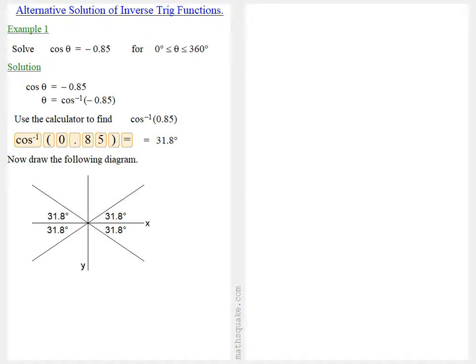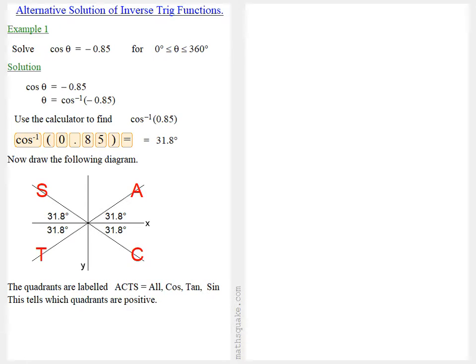Then we write the letters A, C, T and S going clockwise around from the first quadrant. The word ACTS is an acronym for all, cosine, tangent and sine, and this tells us which quadrants are positive.